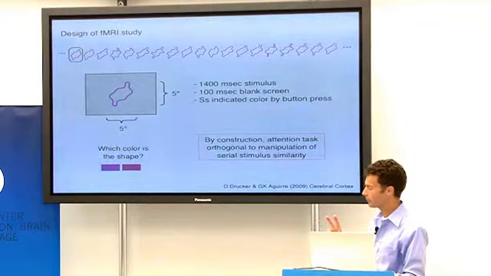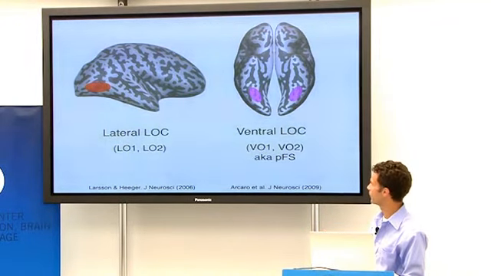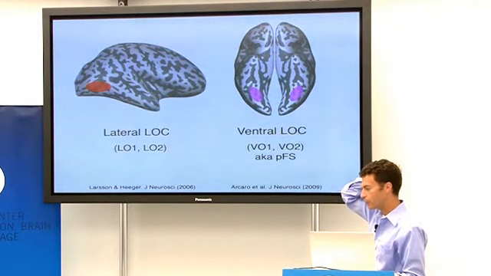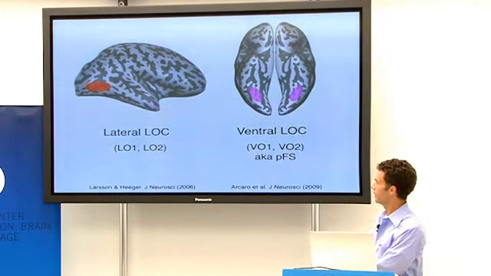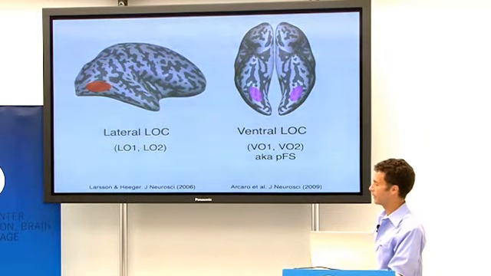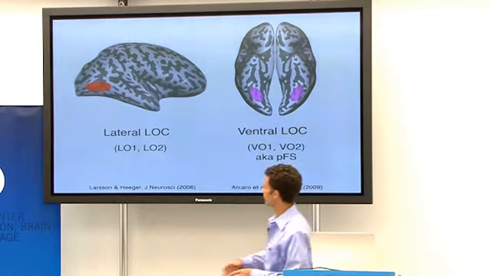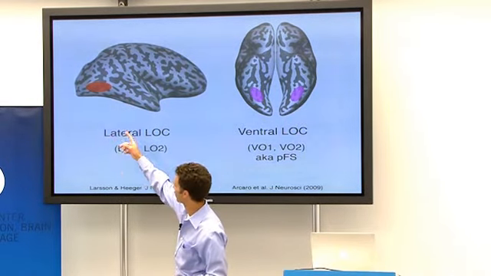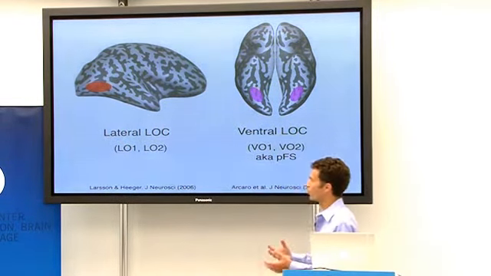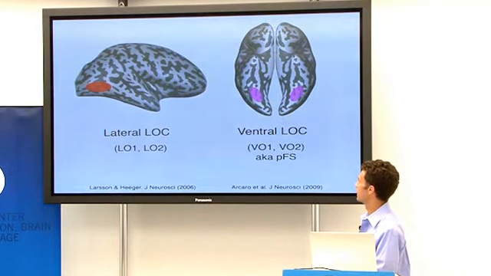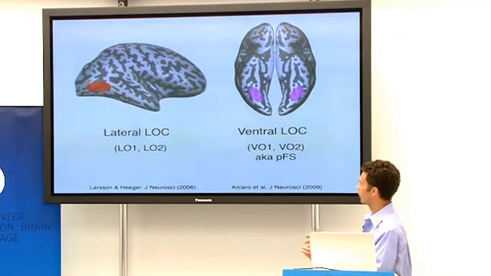There are two areas of the cortex that are of interest in this study: the ventral and the lateral occipital complex. These are two posterior visual areas that have been identified for many years as being responsive to object properties. The lateral LOC is located here on the lateral surface of the cortex. It has a very coarse but present retinotopic organization, and it goes by several names, LO1, LO2.